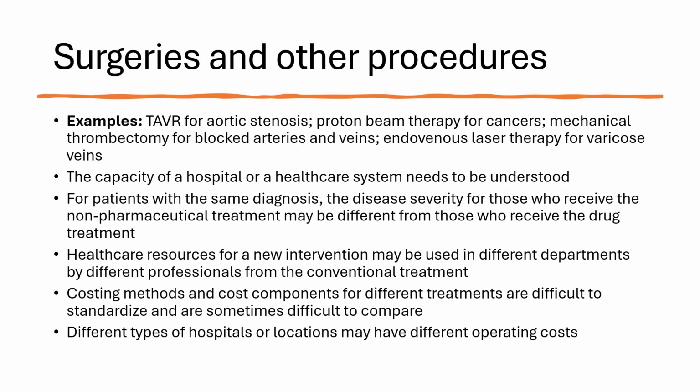For surgeries and other procedures, the capacity of a hospital or a healthcare system needs to be understood. The number of patients eligible for a treatment may be greater than the capacity of the hospital or system that provides it. Costing methods and cost components for different treatments are difficult to standardize and are sometimes difficult to compare.